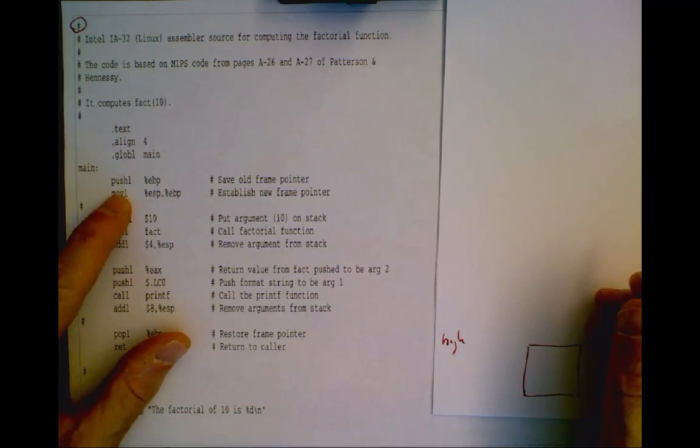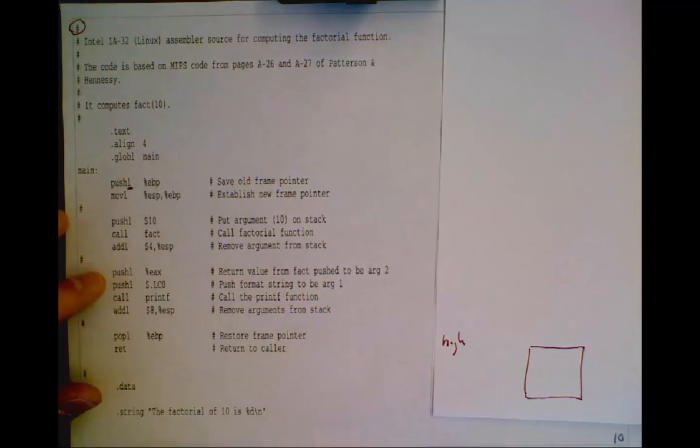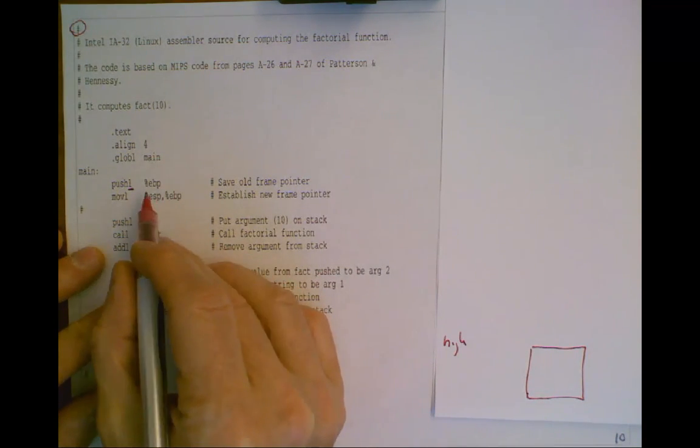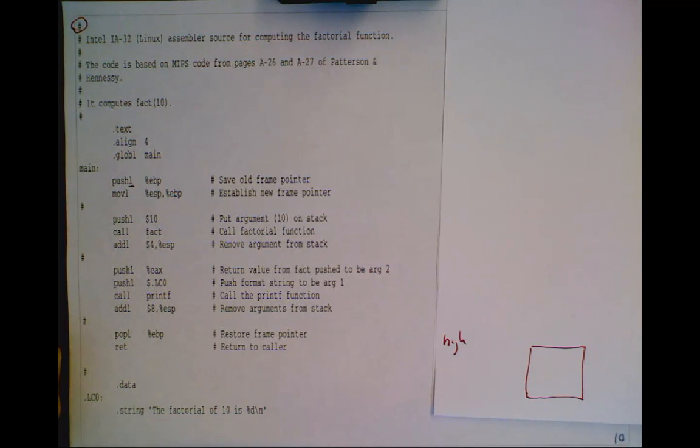The first thing that goes on the stack is a push long, and again the L is saying long, which is a 32-bit quantity. So I'm pushing the 32-bit quantity that's in the EBP register. Notice the use of percent here. Percent just indicates that what follows is a register as opposed to a label name.